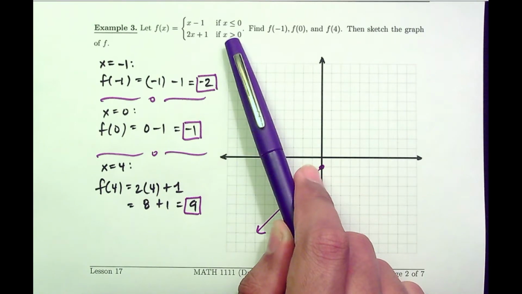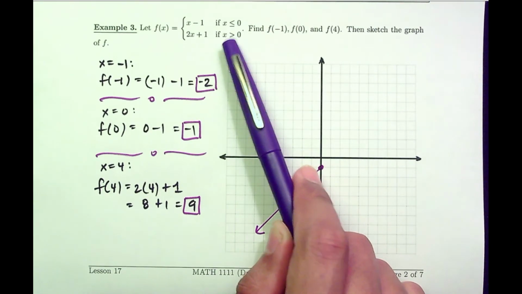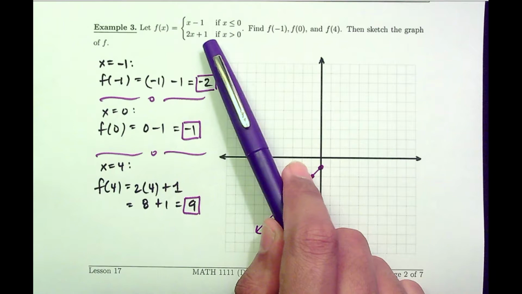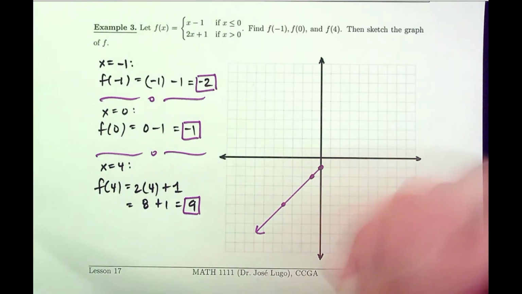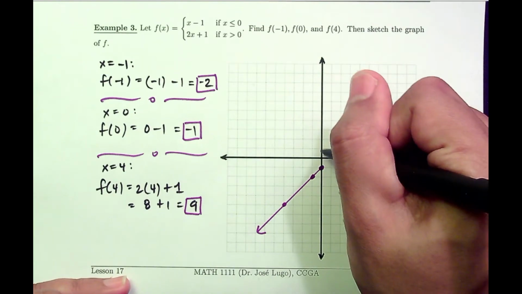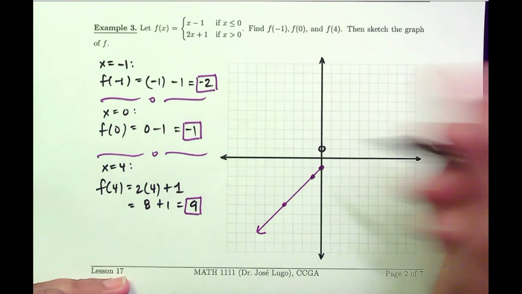You're not going to include the x equals 0 part because x equals 0 is not included in this piece, but if we were to include it, then it would start right at 0. So now what we're going to do to get the beginning is to plug in 0 on the second one. So if you plug in 0, you would get 1. But that's not included, right? So I'm going to draw a hole like that.